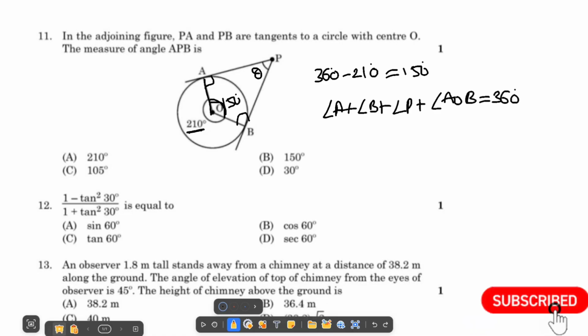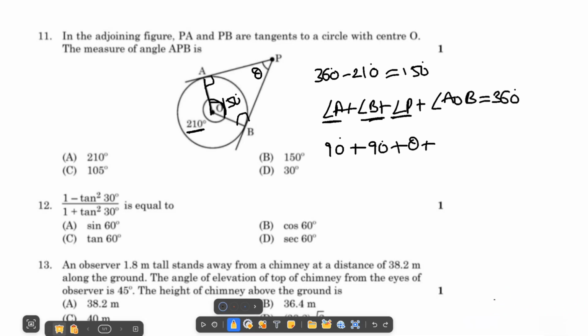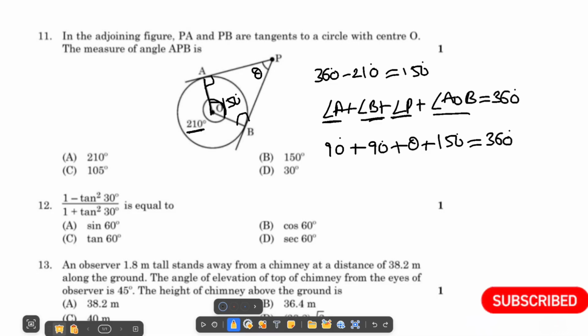It is a four-sided figure, right? So angle at A is 90 degrees. Angle at B is also 90 degrees. Angle at P is theta degrees. Next, angle AOB, angle at O, is 150 degrees, equal to 360 degrees. So 90 plus 90 is 180, plus 150 is 330 degrees.